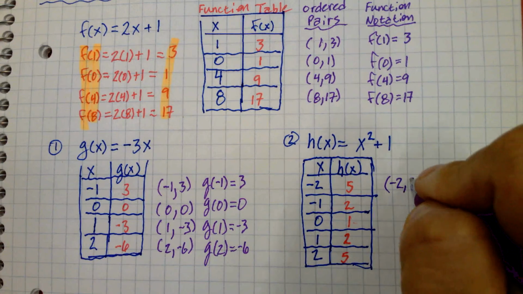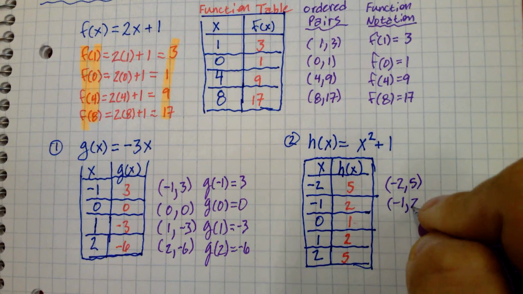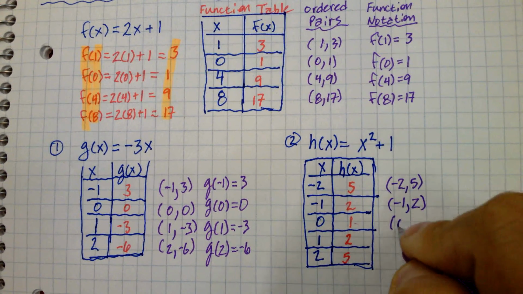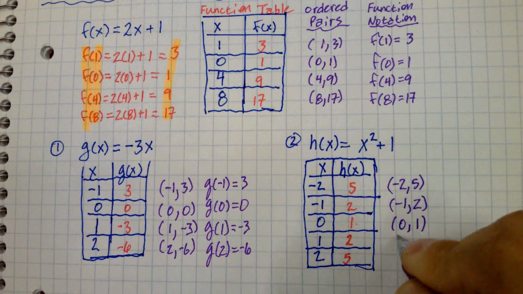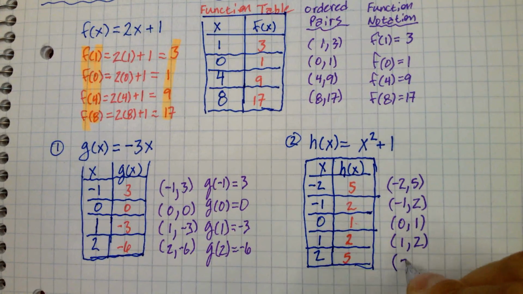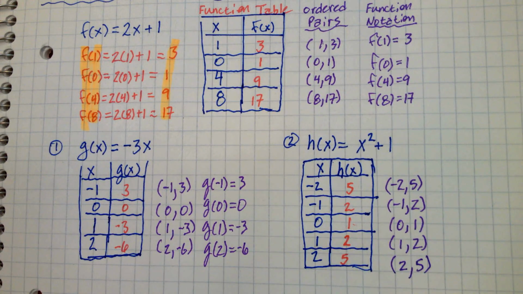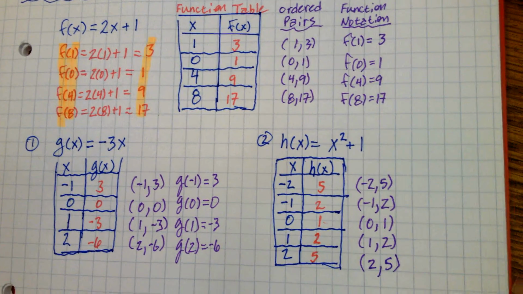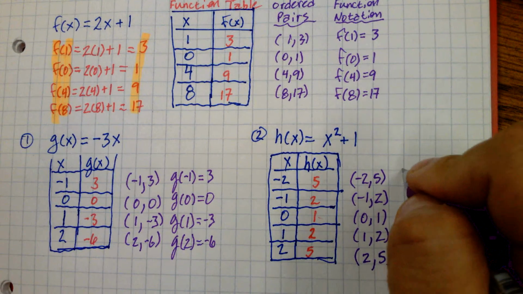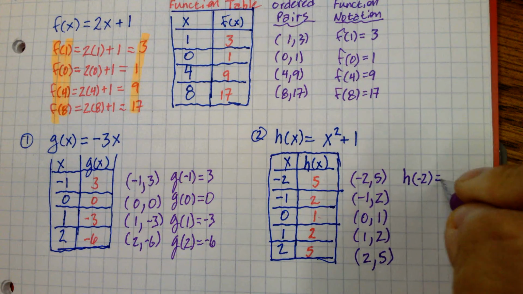Negative 2 and 5. Negative 1 and 2. 0 and 1. 1 and 2. 2 and 5. There's our ordered pairs. This time in function notation, we're using h. So this would be h of negative 2 is 5.